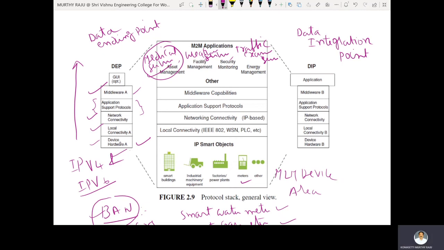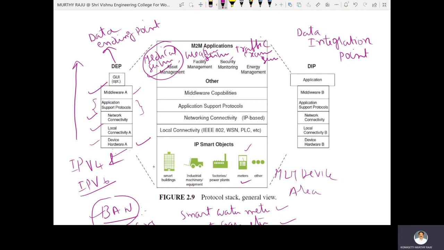From this bottom to top, from devices to middleware, the data is generated. That is called the data ending point. The data is stored in the particular server. In case of energy management, we use meters, energy meters.